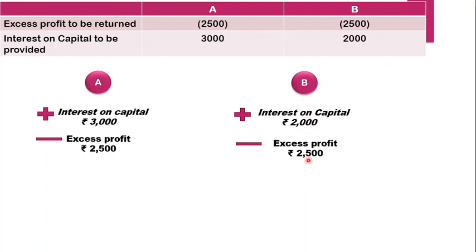B. You can see here, if he gets 2,000 then he has to pay 2,500 back, so 500 is in excess. Now come to A. If he receives 3,000, which he hasn't received by mistake, but in that case he has to pay 2,500 back. If he gets this 500, things will be okay instead of paying this excess money back.